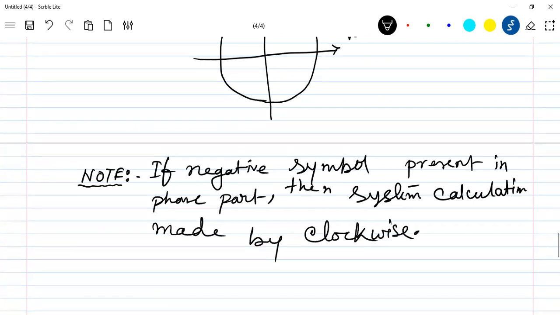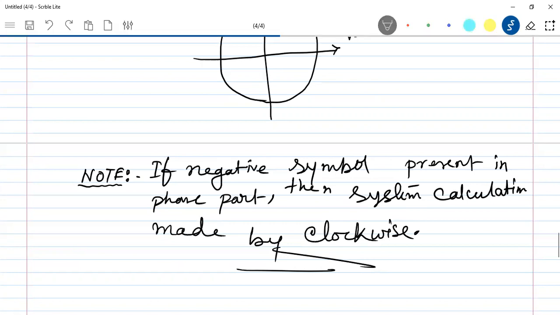Is that clear? What I am telling is, if a negative symbol is present in the phase part, then the calculation is made clockwise. Clear, guys?